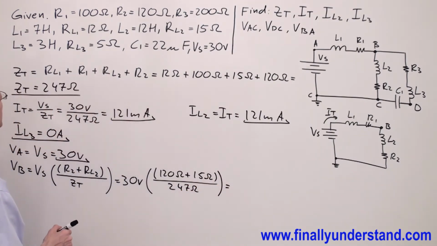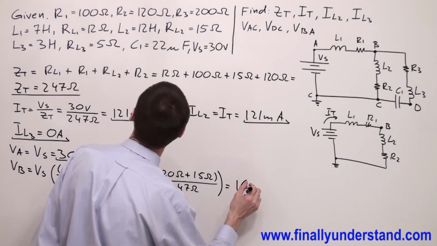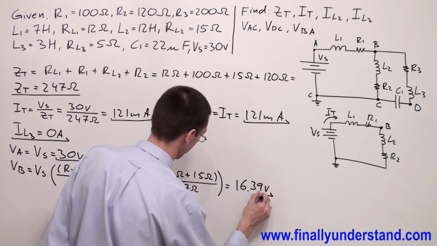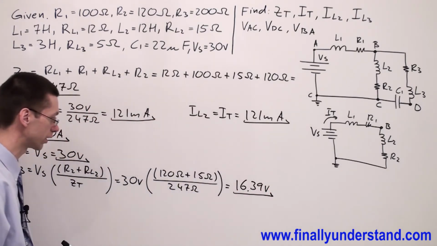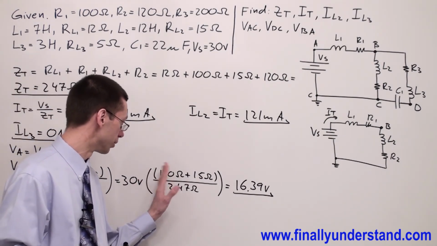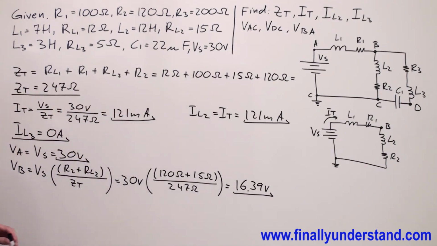Everything is equal to 16.39 volts. If you are going to use the calculator, make sure that you put the parentheses in the right places. This is very important. So this is my voltage VB.